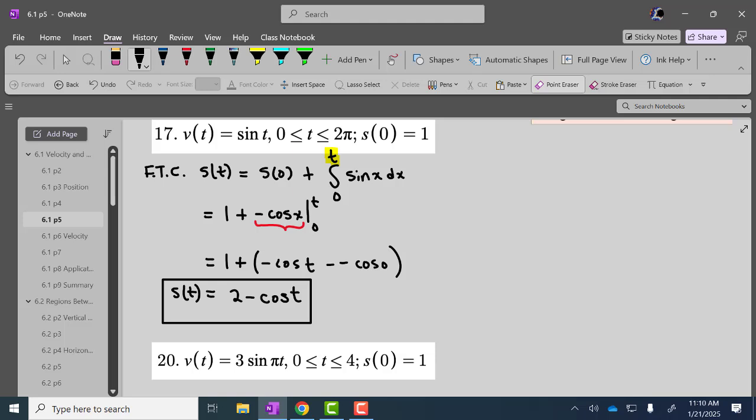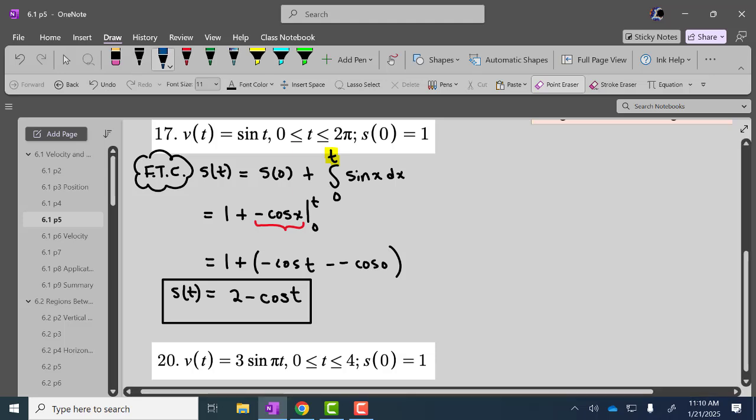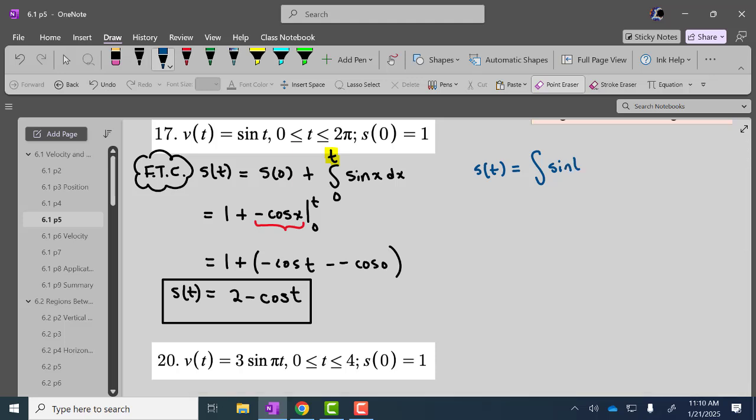So that is the better method. That is the FTC method. Here is how, if you were in Calc 1, you would do it. You would say S of t is equal to the integral of sine of t dt. You would use an indefinite integral.